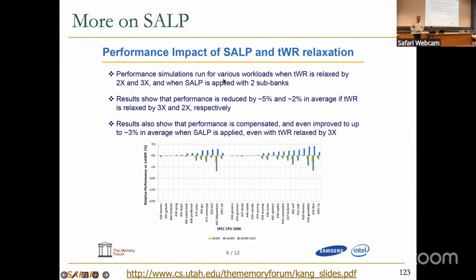The version of SALP that they implemented in this work is not the most effective or optimized way of SALP. I don't exactly remember which version it was, but it's not the one that has everything, with the 17% improvement that I reported.